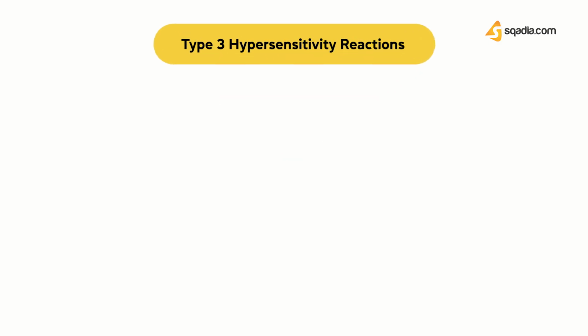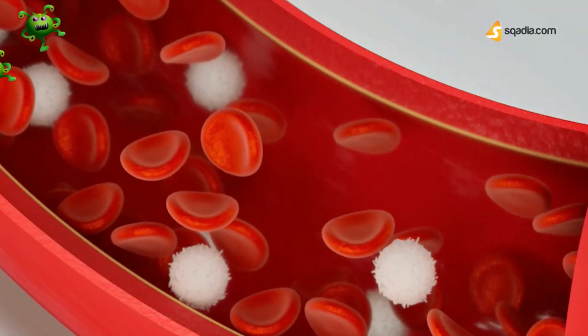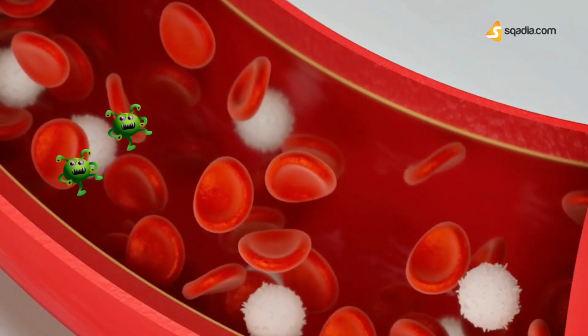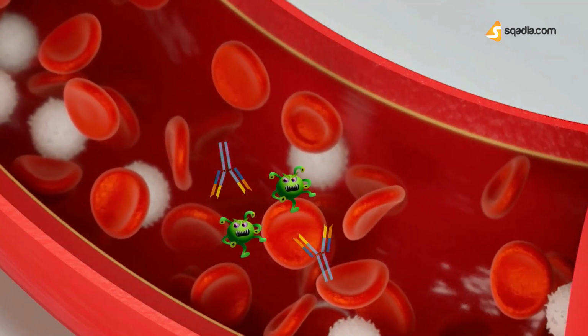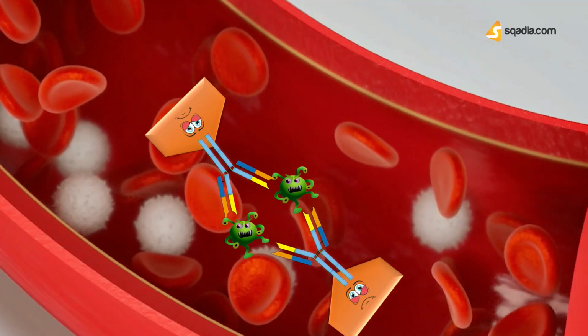Okay, let's start with type 3 hypersensitivity reactions. Well, type 3 means three things stuck together. These are the antigen, antibody, and the complement. In type 3 hypersensitivity reactions, again, IgG antibodies bind to circulating antigens to form an antigen-antibody complex.